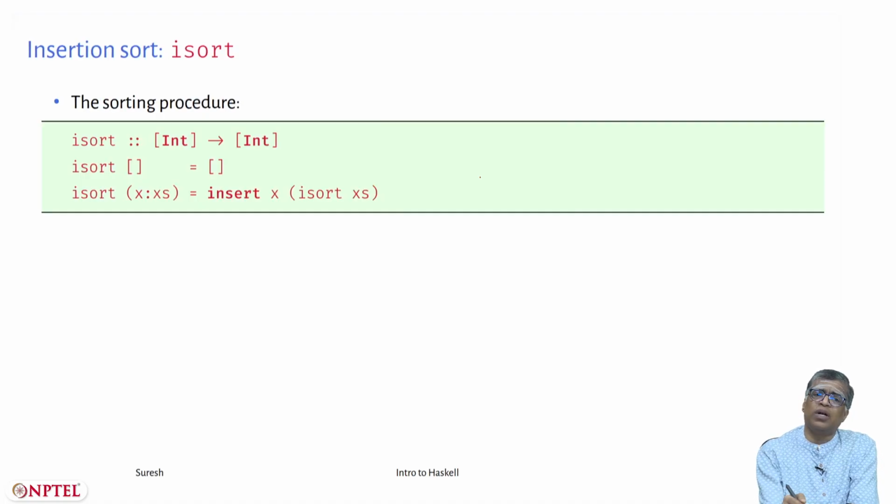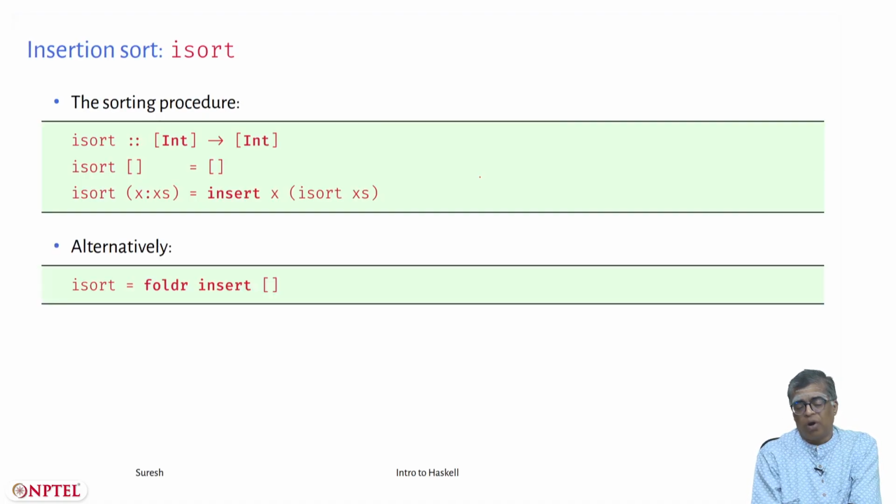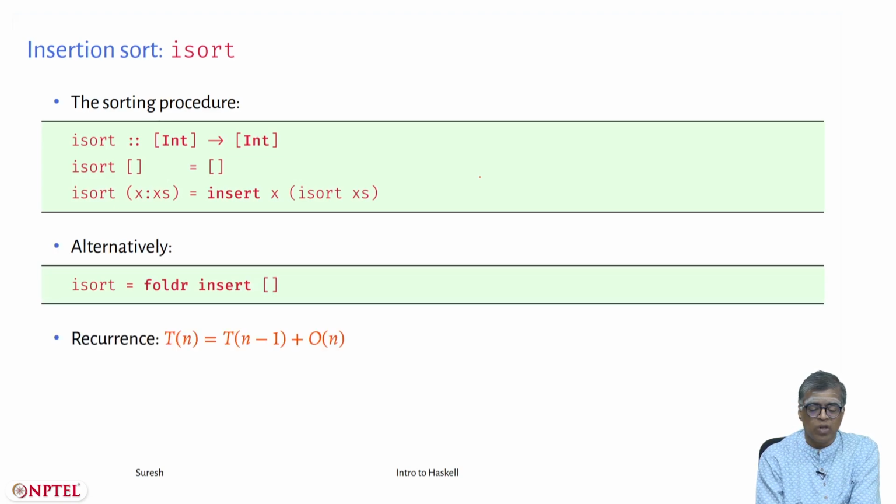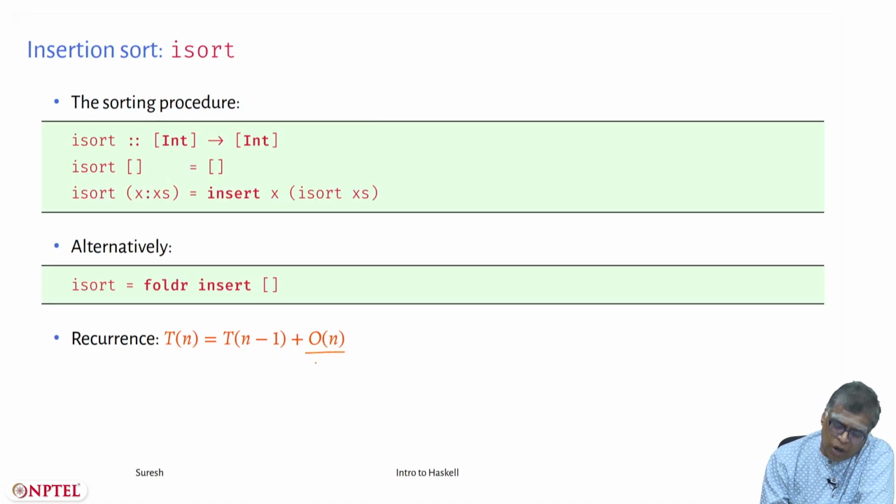For insertion sort, this is the algorithm, or alternatively you could just say foldr insert empty list. The recurrence now is: to sort a list of length n, I have to sort the tail, which is of length n minus 1, and then I have to insert the first element in that list, which is order n time. Let's make it concrete, and instead of calling it order n time, let's call it 5n, let's say.